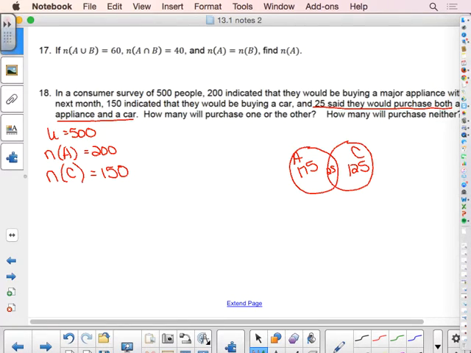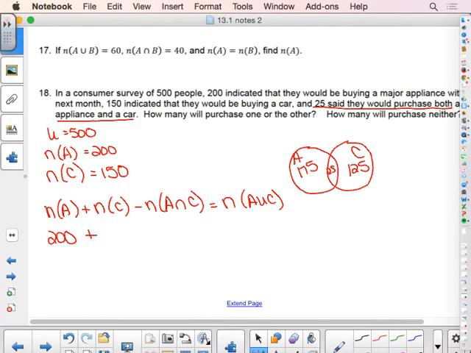So when I look at this, it says how many will purchase neither. So I have my number in A plus the number in C minus the number in the intersection, A intersect C, is equal to the number in the union of A and C. So the number in A was 200. Number buying a car was 150.